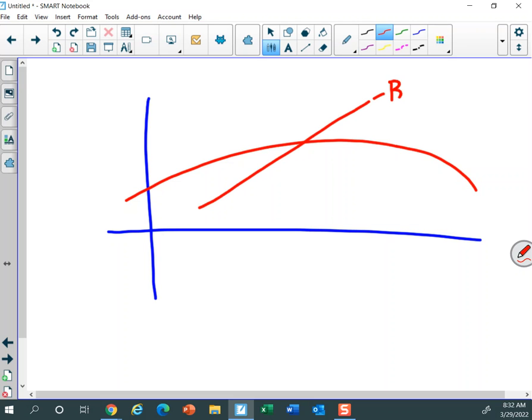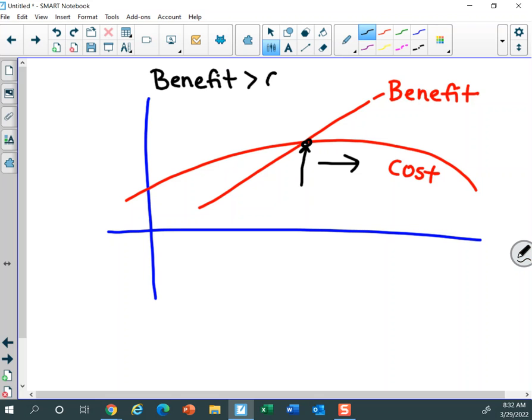If that's benefit and that one's cost, from that point on we want to know, when does the benefit value exceed the cost value? Because that would be when we're doing things well or correctly or profitably in our scenario.